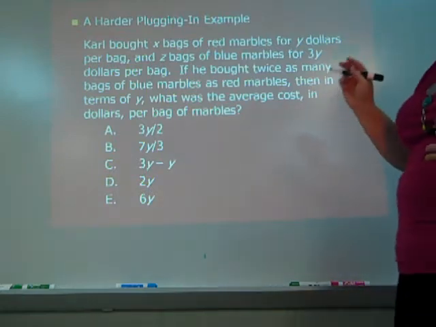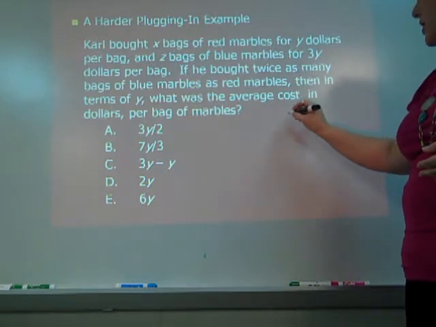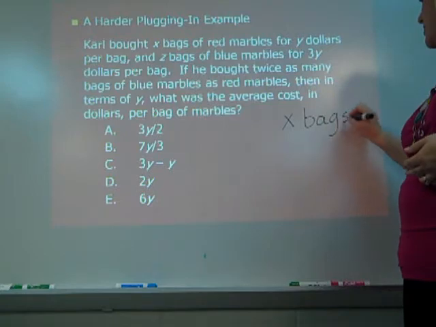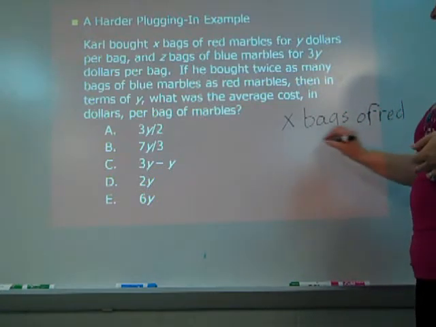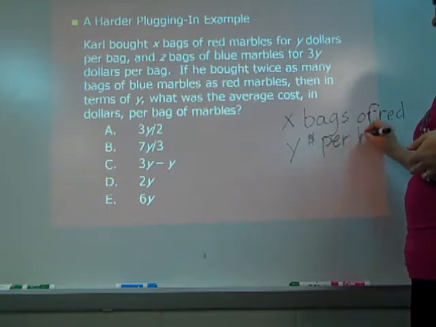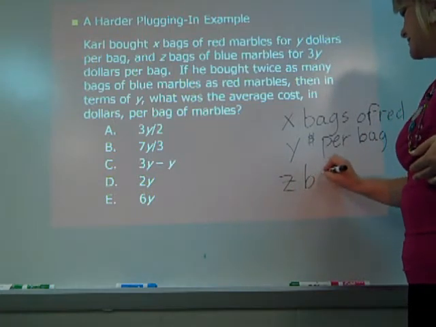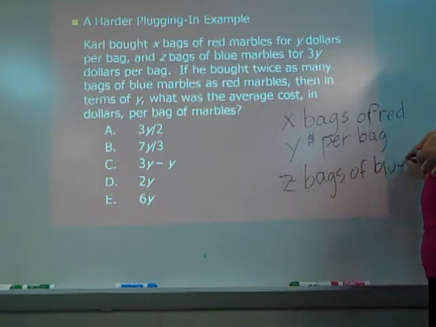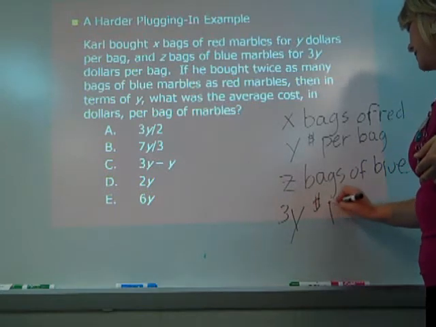Okay, this one's a little bit trickier because there are some rules about the relationships here. So we have X bags of red marbles, and they cost Y dollars per bag. And then we have Z bags of blue marbles that cost $3 per bag.